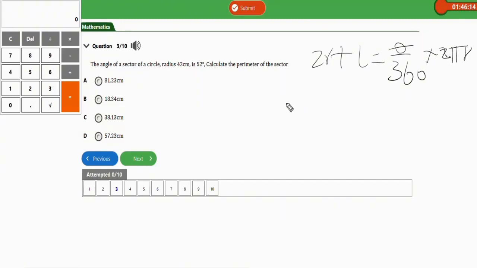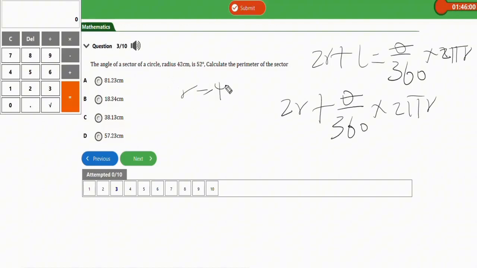So basically the formula is 2r plus theta over 360 times 2 pi r. In this question, we have a radius of 42 cm and theta of 52 degrees. So let's plug in the values in the formula.